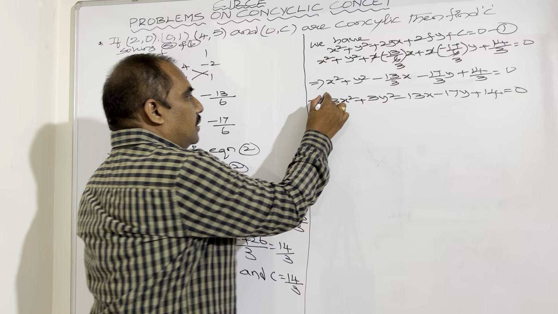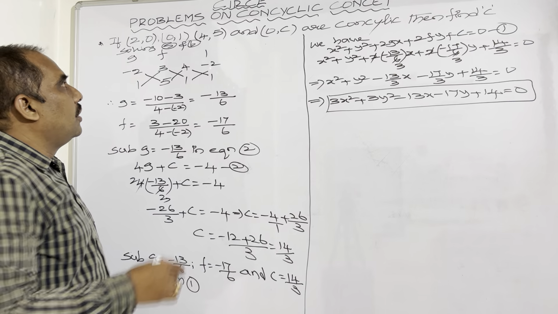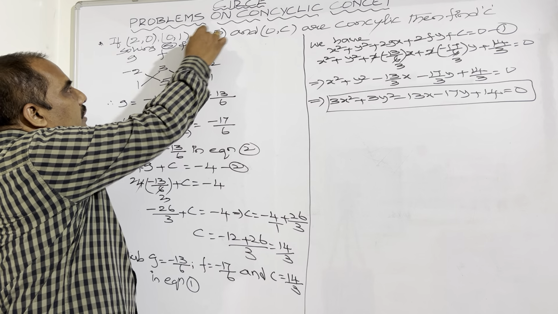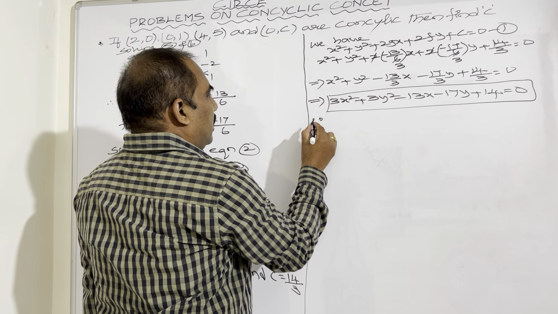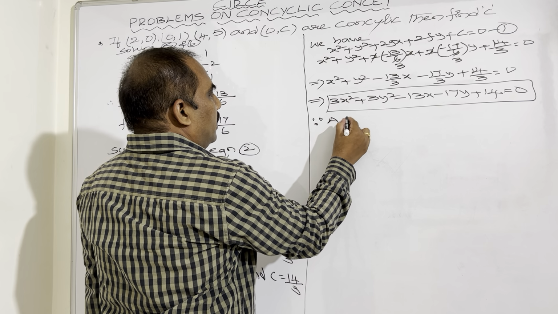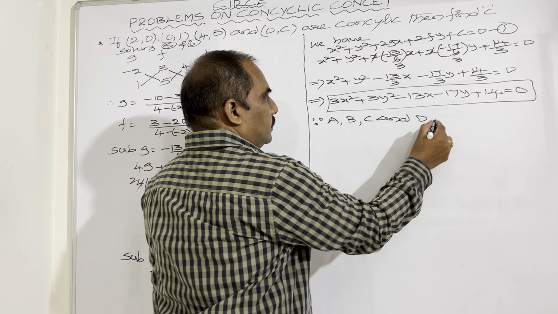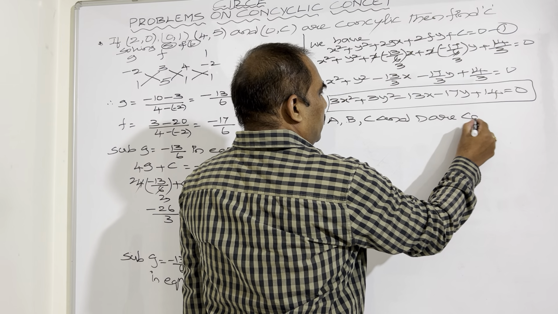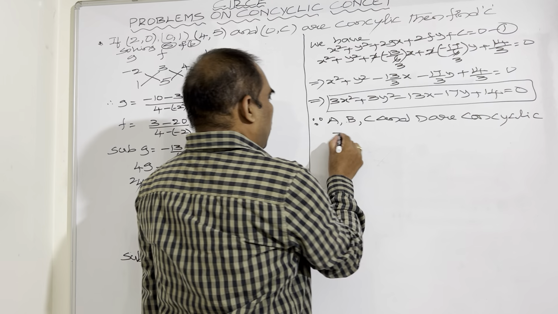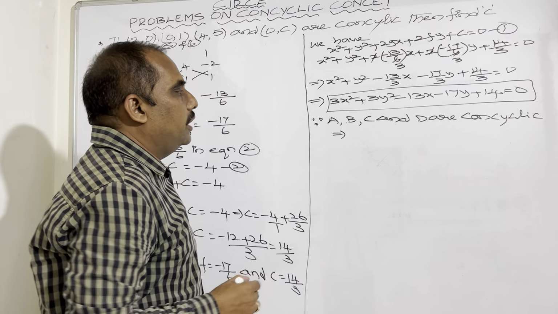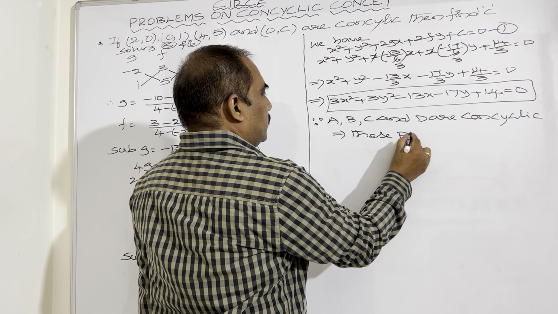We get the equation of the circle like this. But given that A, B, C, D points are concyclic. Concyclic means what? A, B, C and D points are concyclic, that implies all the points lie on the same circle.